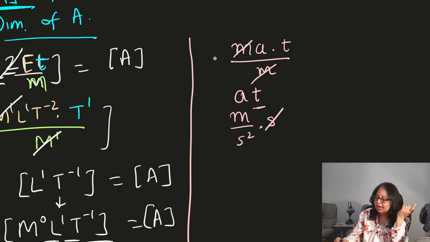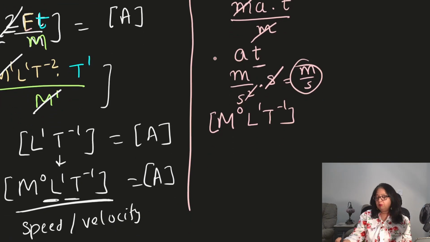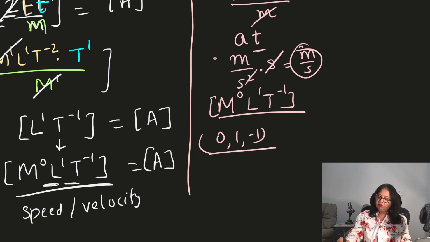One of the seconds at the top cancels one of the seconds at the bottom, and you're left with meters per second. If it's meters per second, there's no mass, M to the 0, meters at the top, L to the power 1, seconds at the bottom, T to the power minus 1. So the dimensions are 0, 1, minus 1. Dimensional formula, dimensions, and units, here we got them all.